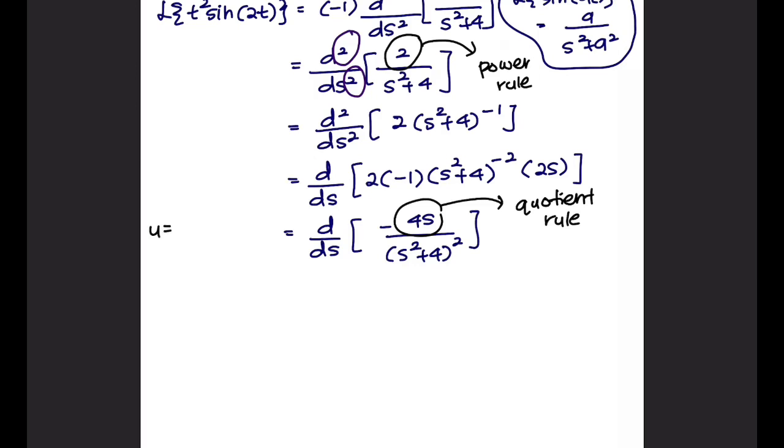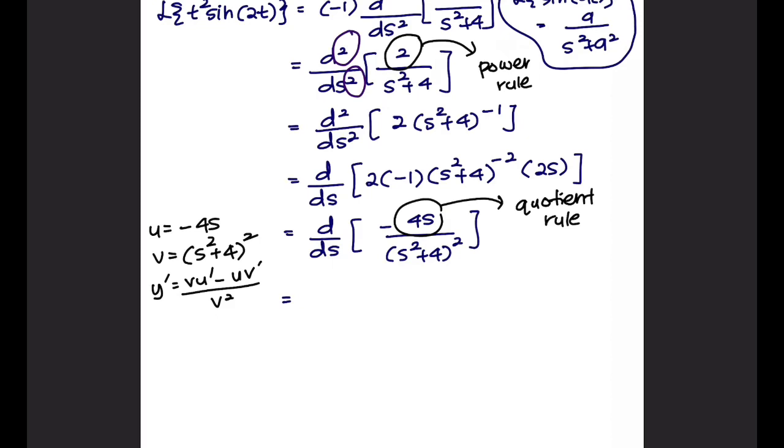So u equals negative 4s, v equals (s squared plus 4) squared. Okay, quotient rule, y prime equals (v u prime minus u v prime) divided by v squared.